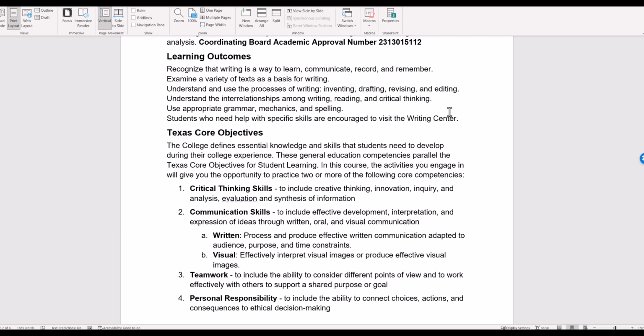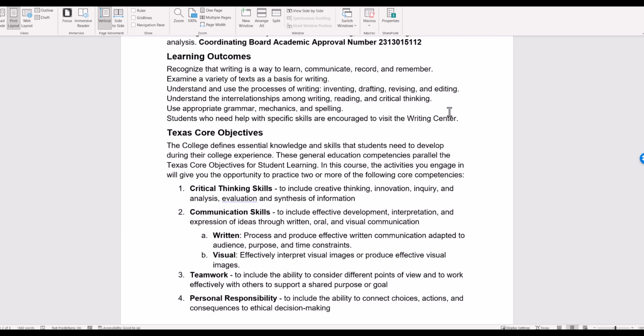Communication skills, to include effective development, interpretation, and expression of ideas through written, oral, and visual communication. For us, we practice the written portion of the communication skills, where we processed and produced effective written communication adapted to audience, purpose, and time constraints.